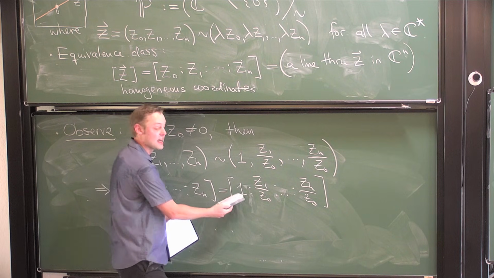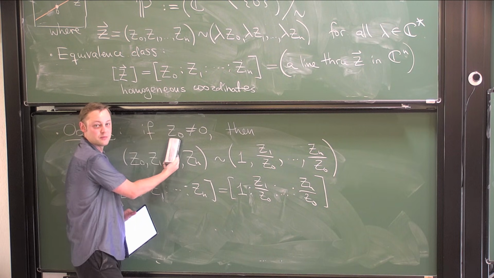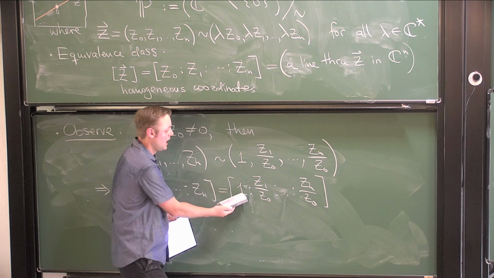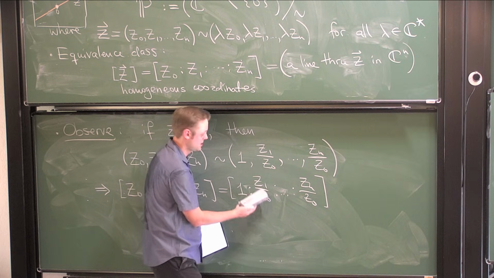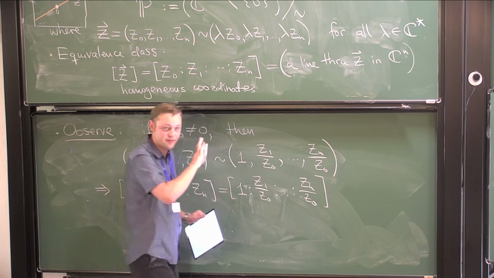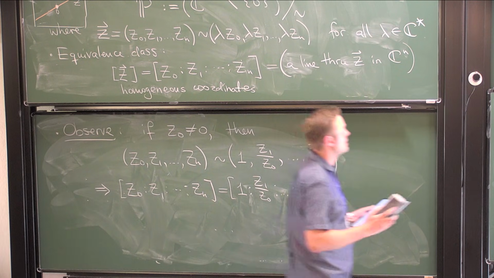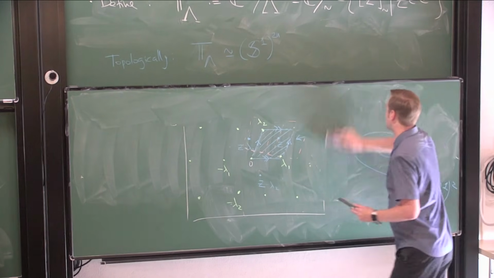So now, by restricting my attention to the case where z0, let's say, is non-zero, and rescaling z0 to be 1, I now have n complex numbers which are fixed. There's no more ambiguity. And what that defines for you are very important complex charts.